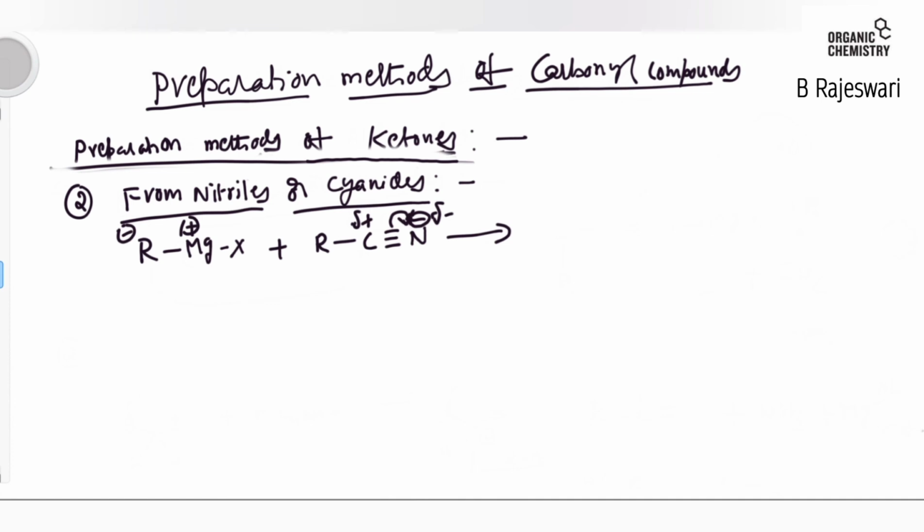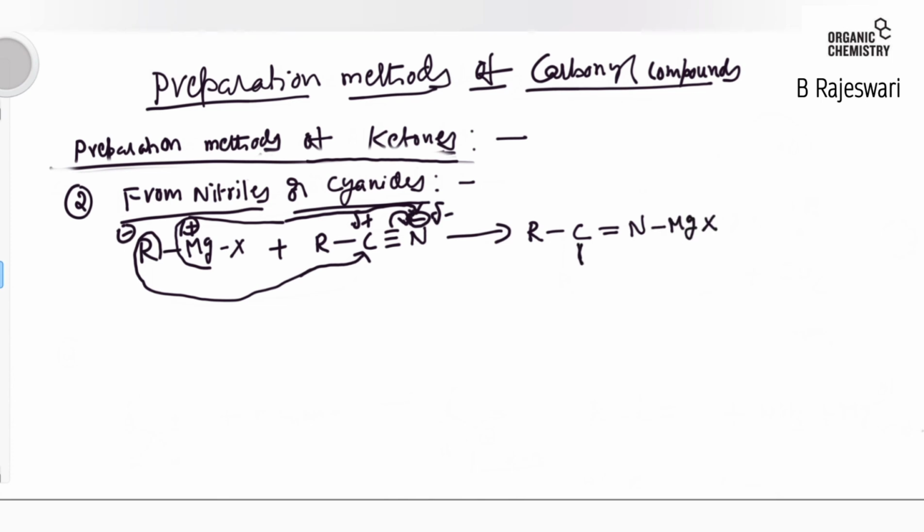Now this negatively charged alkyl group attacks the positively charged carbon, and the pi bond goes to the negatively charged nitrogen. Then we get an intermediate compound like this. So here MgX is attached, and here the alkyl group is attached. So this is an unstable intermediate compound.